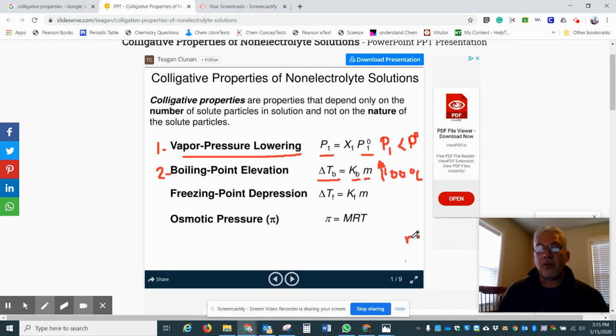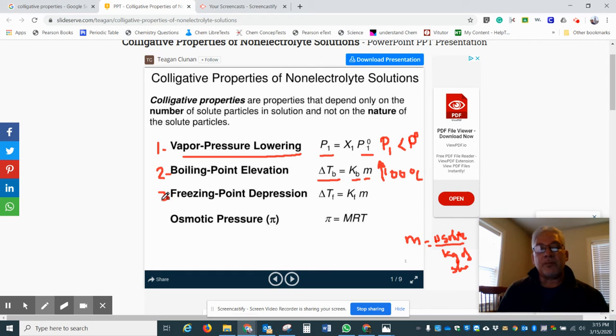Don't forget that molality is always moles of solute over kilogram of solvent. And that will be the concentration that we'll use for boiling point elevation.